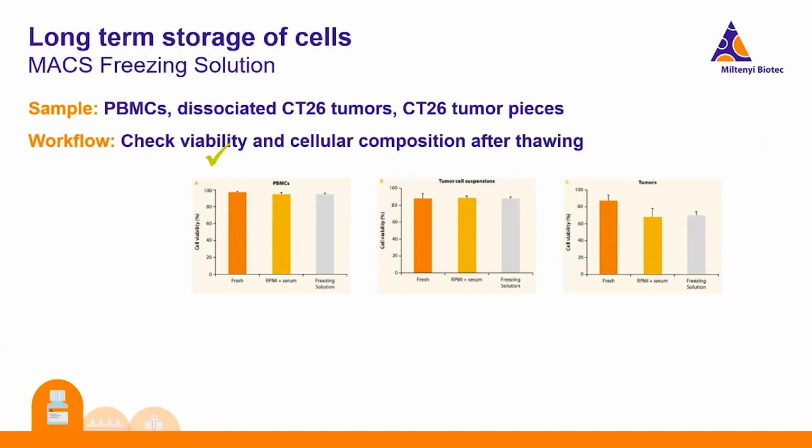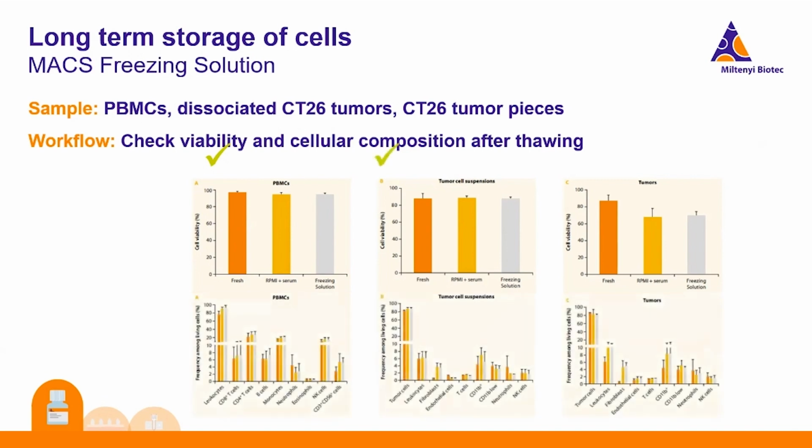That means not every cell is covered with the freezing solution that protects during thawing and freezing. But nevertheless, storage of tumor pieces is also possible. You then need to further remove that cell debris, and Benjamin will tell a little bit more about these tools.